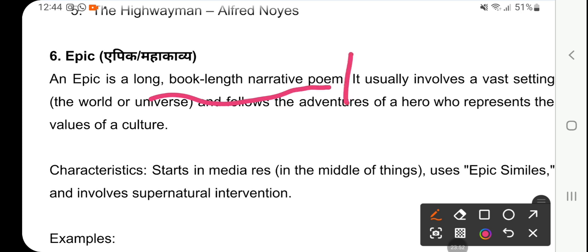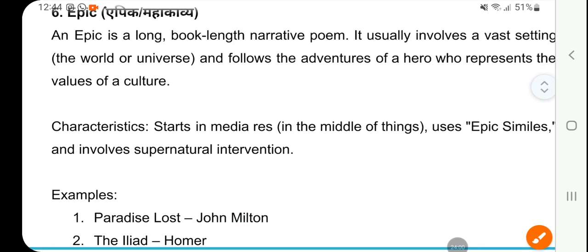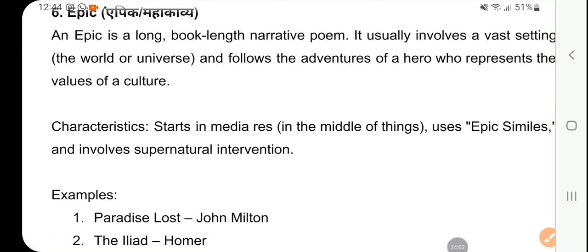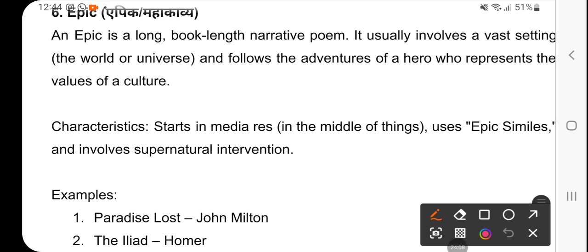Mahabharat is a book, Bhagavad Gita is a book, right? It usually involves a vast setting, the world or universe. So it's not a poem of one page or two pages. It's a complete book, and it involves a setting of the world or universe.